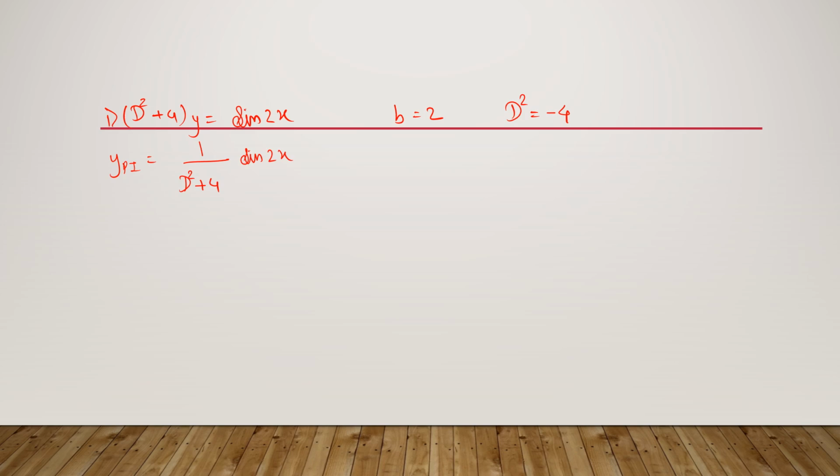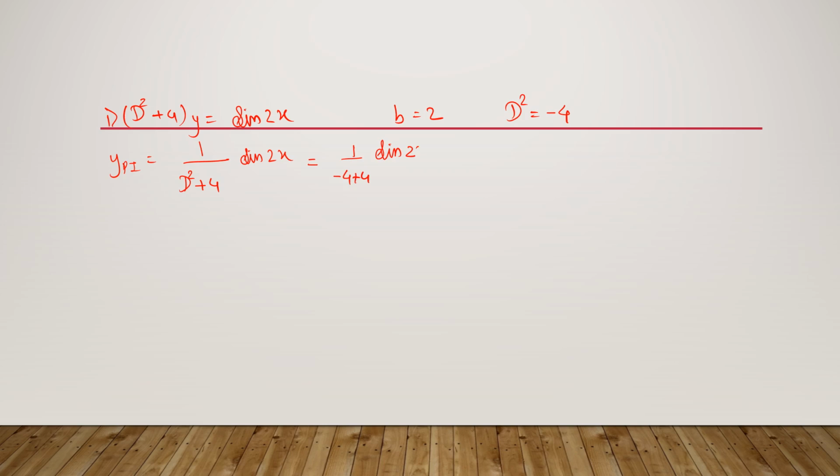Now substitute the value of D² equal to minus 4 and check whether the denominator is equal to 0 or not. We can simply observe that if we substitute D² equal to minus 4, then we get the denominator equal to 0. So minus 4 plus 4, sin 2x.